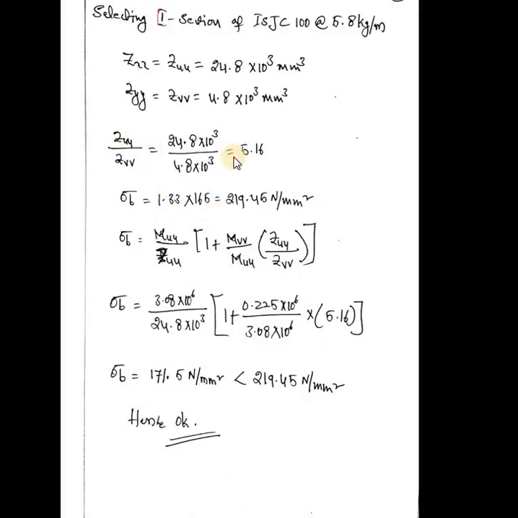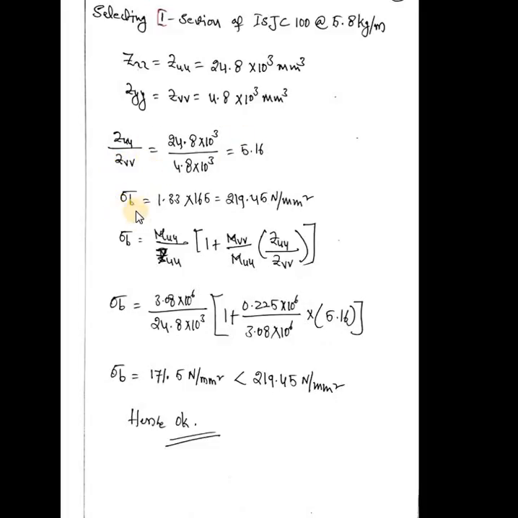Bending moments are within permissible limits based on this ratio ZUU by ZVV value. This is clear. Because this is a lightweight beam, we can conclude with these section modulus ratios along the UU axis and VV axis.